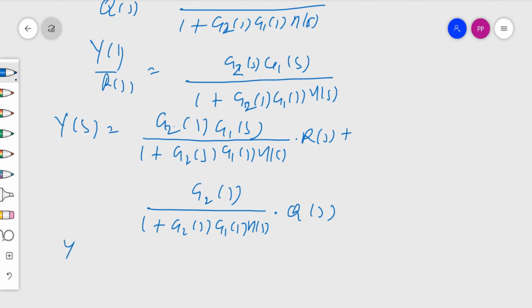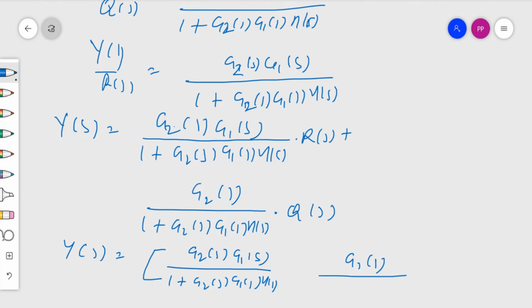So therefore I can express Ys as a matrix where we are having two transfer functions, G2s G1s by 1 plus G2s G1s Hs, and the other one is G2s divided by 1 plus G2s G1s Hs, and this is multiplied by the two inputs Rs and Qs.